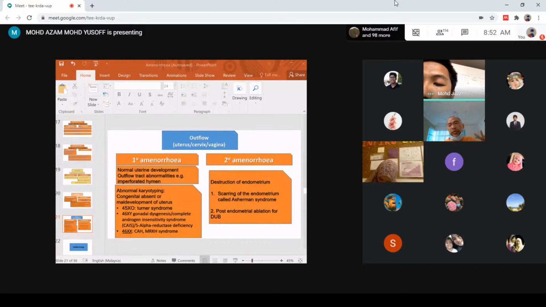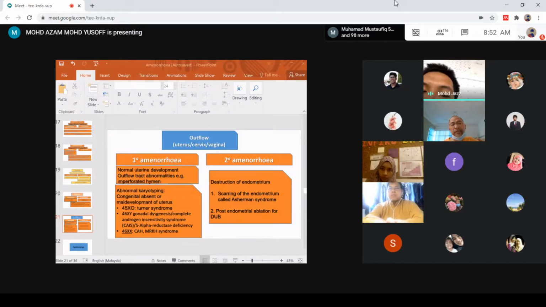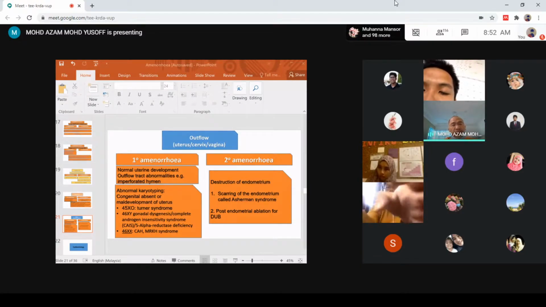There are two things that are very important. Number one is a functioning hypothalamus-pituitary-ovarian axis, isn't it? There should be a functioning axis.